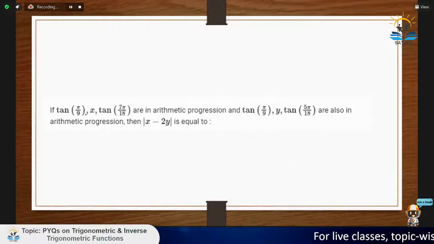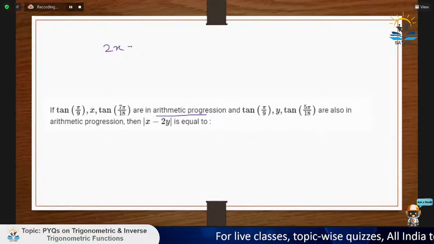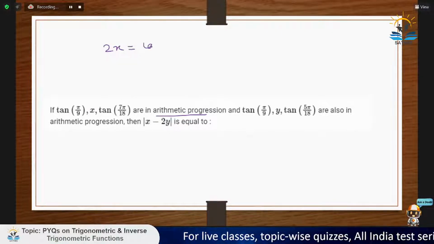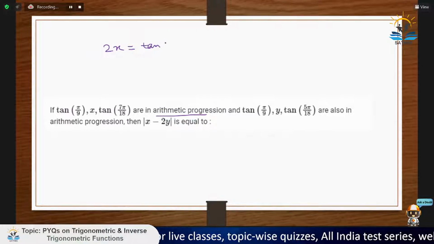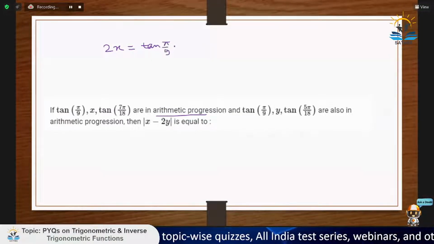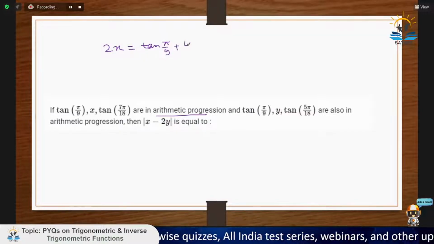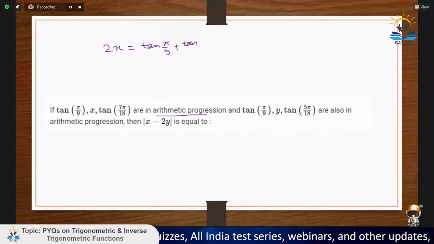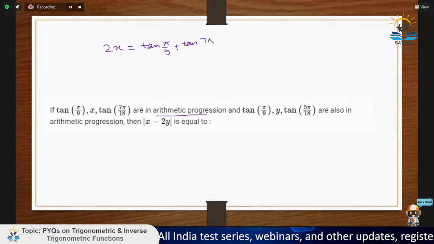If tan pi by 9, x and tan 7 pi by 18 are in arithmetic progression, then first of all write that 2x is equal to tan pi by 9 plus tan of 7 pi by 18.